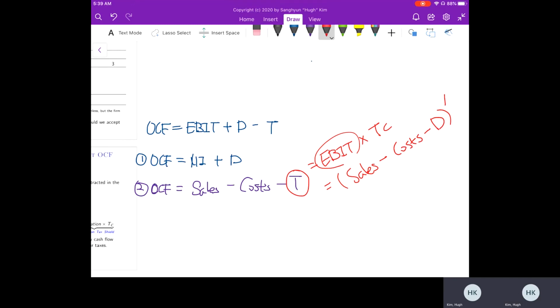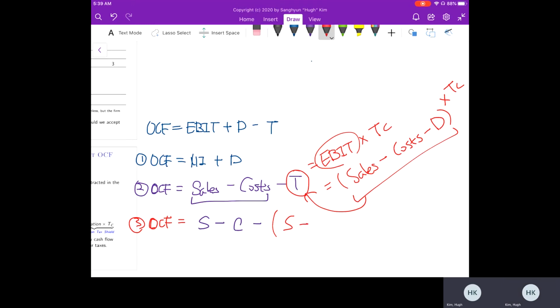We substitute this in here, then we get our third definition. So S minus C minus T is S minus C minus (S minus C minus D) times T.